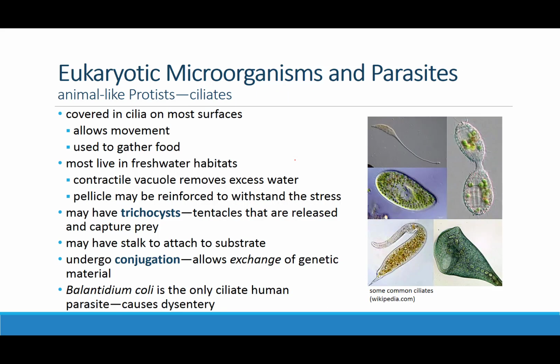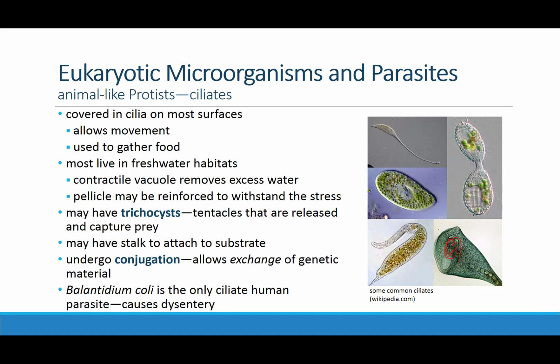Okay, the third of the animal-like protists are the ciliates. These are cells that are covered with cilia all over them, so they can have hundreds of thousands of cilia on them. The cilia are used to swim around or used to gather food, so they create currents that bring food into a region where they do a lot of endocytosis using their cilia, for instance.